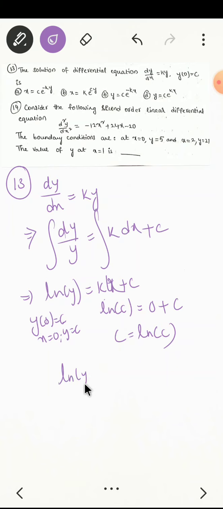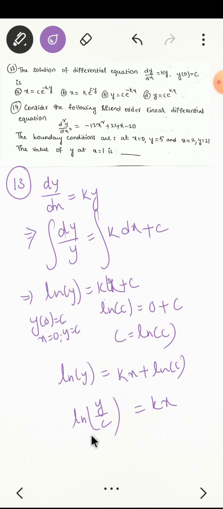Substitute in the above equation: ln of y is equal to kx plus ln of c. So I will send this term to that side, and that will become ln of y by c, because ln of y minus ln of c is ln of y by c, is equal to kx. So what are you going to get?